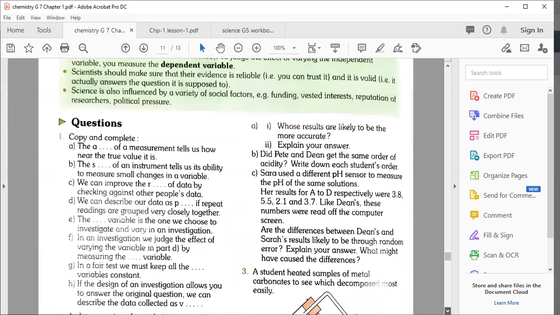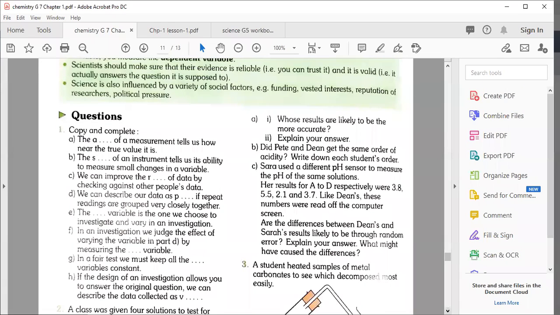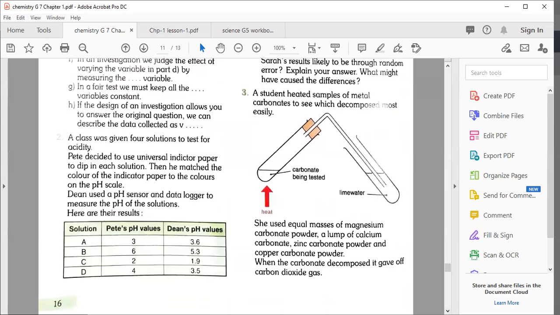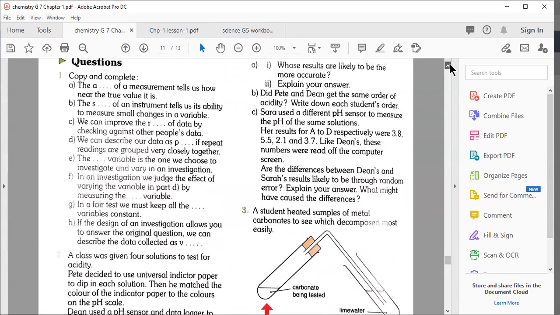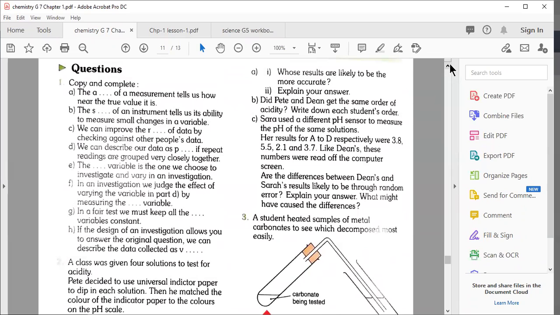Now it's time for your homework. Everyone, please open your textbook, page number 16. Here you need to complete the fill in the blanks in question number 1. Copy and complete. Everyone should write the correct answer in these blanks.